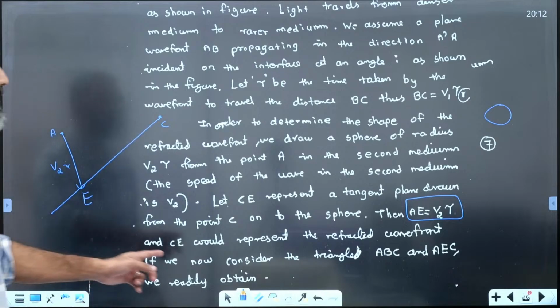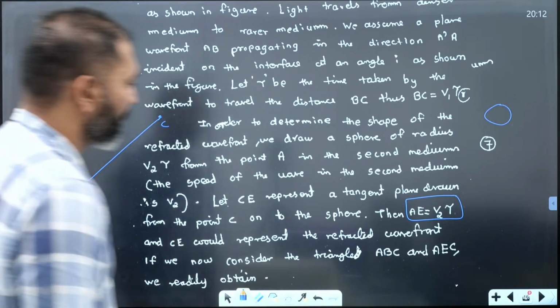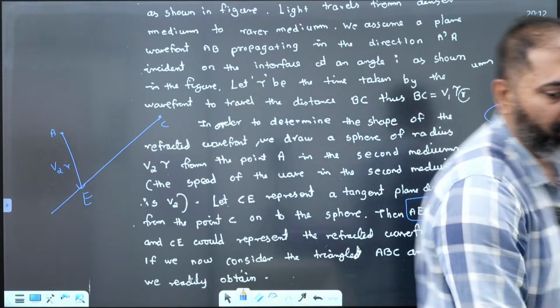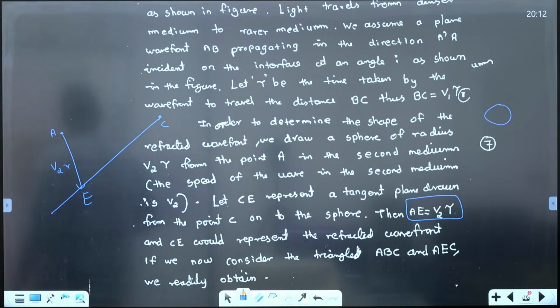If we now consider the triangles ABC and AEC. Please note down the last 2 lines. Those who have understood the previous derivation can easily proceed with the derivation.